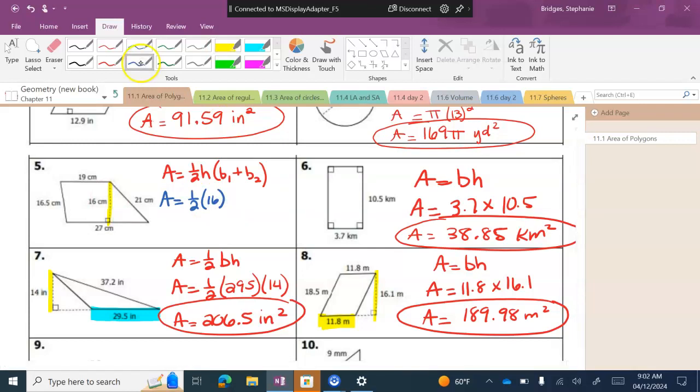And then we're going to add the 2 parallel sides. Those are my 2 bases. 27 is one of them. What is 27 parallel to? 19. So we're going to go 27 plus 19.